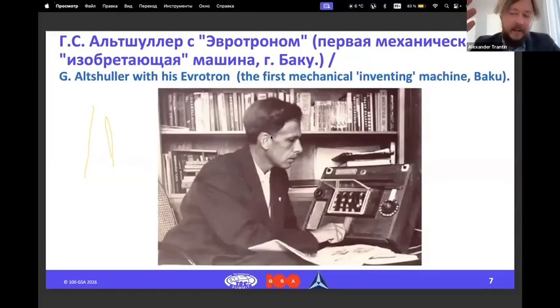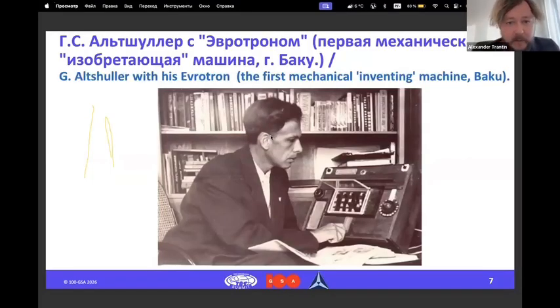A few words looking back at the legacy laid down by Genrikh Saulovich Altshuler, and when it comes to applying digital solutions to invent something.